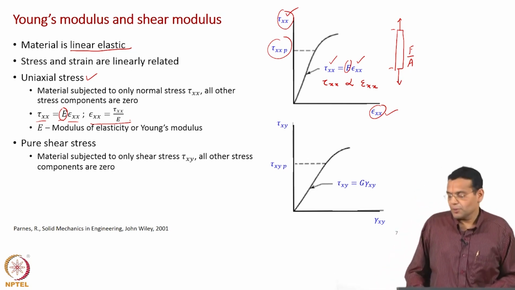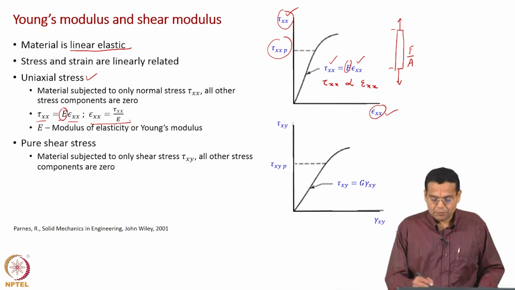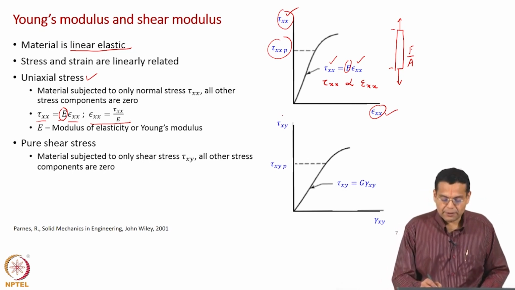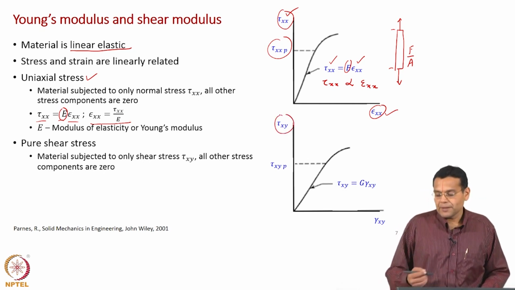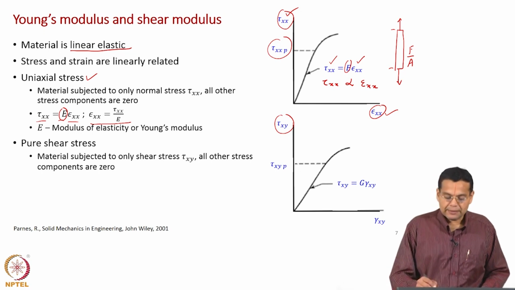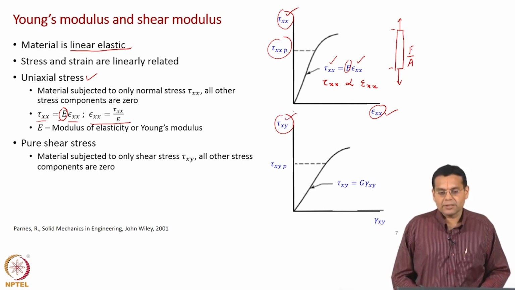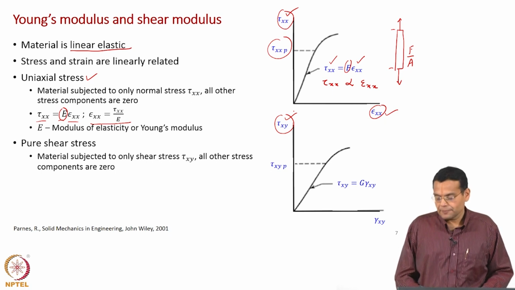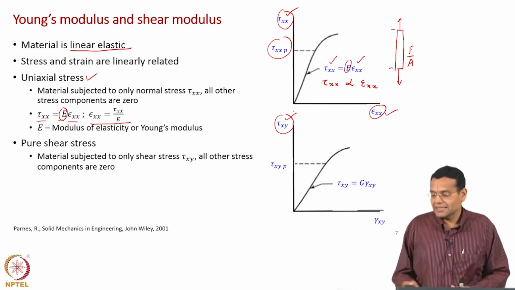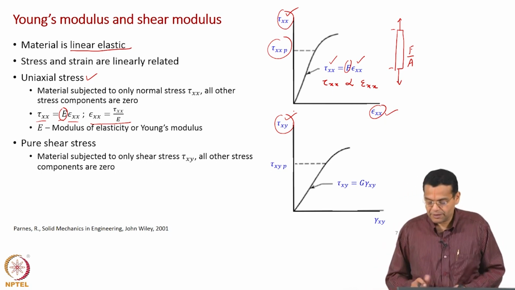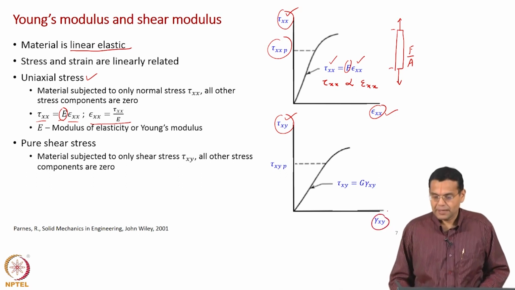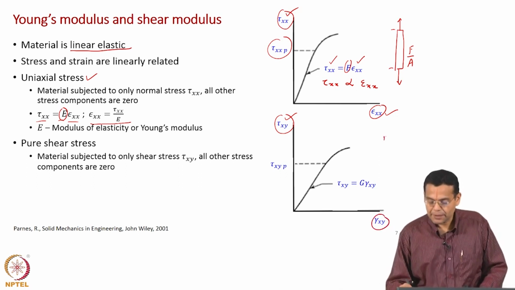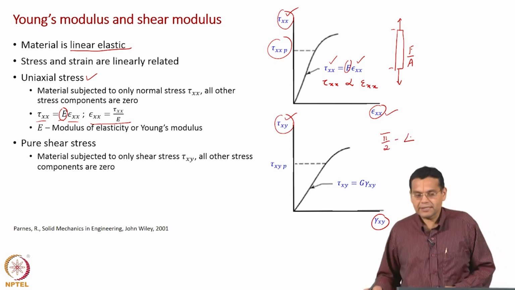Now, let us say you apply the force expressed per unit area, and that is the shear stress on the y axis, and you measure the change in angle. Remember, we defined gamma xy as the difference between pi by 2 and the angle in the final state.